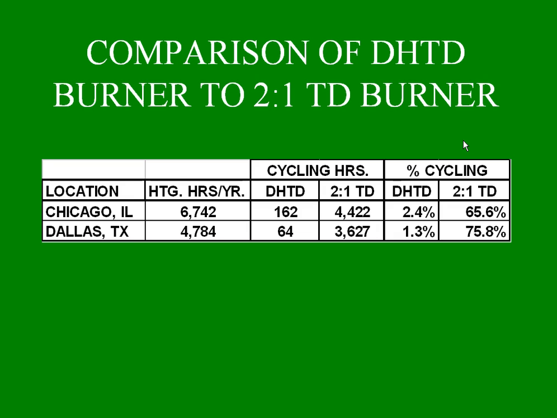So if we look at the 2-to-1 system, almost 66% of the time we're actually cycling the system, compared to 2.4% with the digital turn-down burner. So it's a significant amount of time that we have cycling the system on or off, not mitigating humidification.